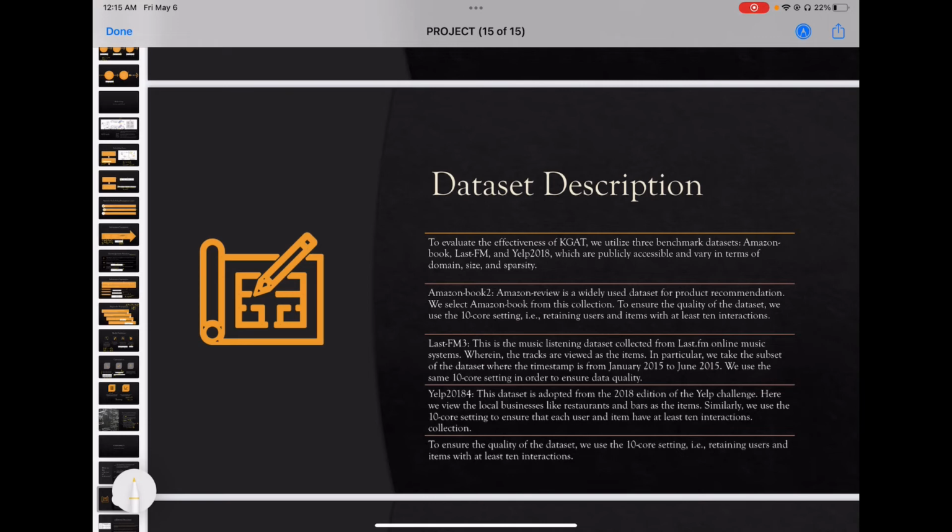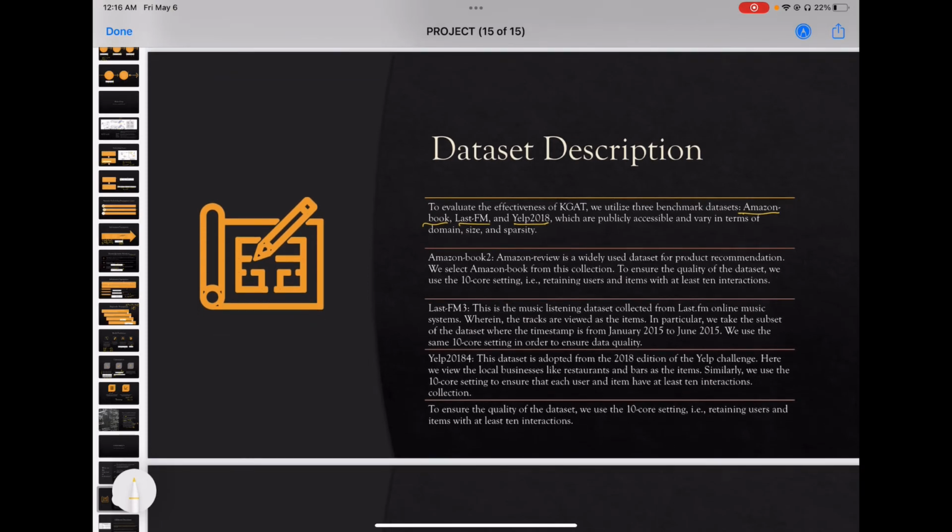To evaluate the effectiveness of KGAT, three benchmark data sets, which are Amazon Book, Last.fm, and Yelp 2018, are taken, and these are publicly accessible and vary in terms of domain, size, and sparsity. Now, Amazon Book is an Amazon review data set, which is widely used for product recommendation. To ensure the quality of this data set, the 10-core setting is used, that is, retain users and items with at least 10 interactions.